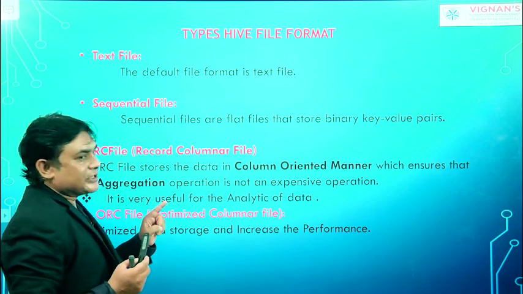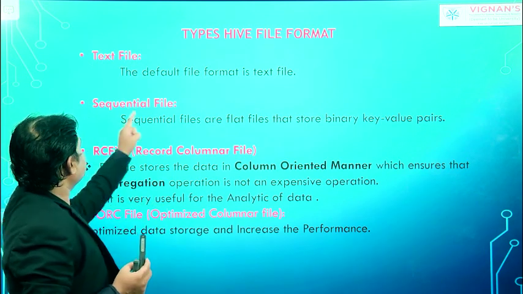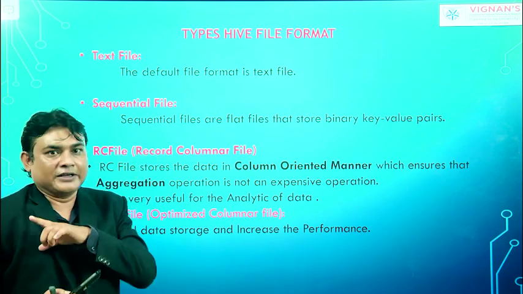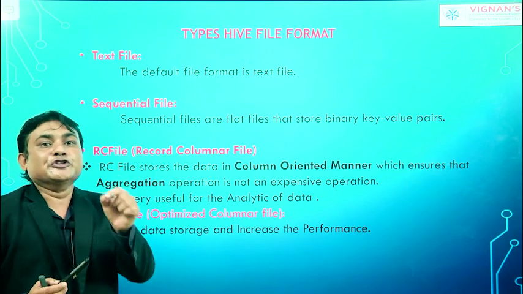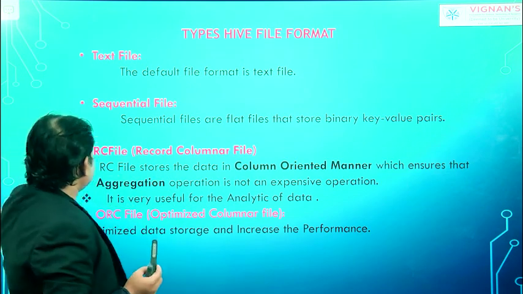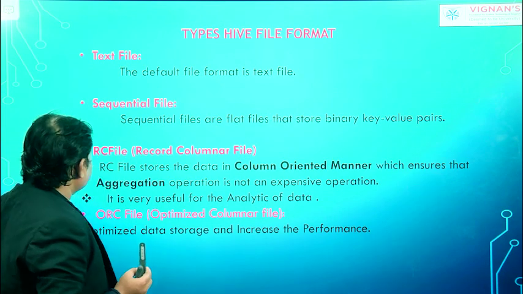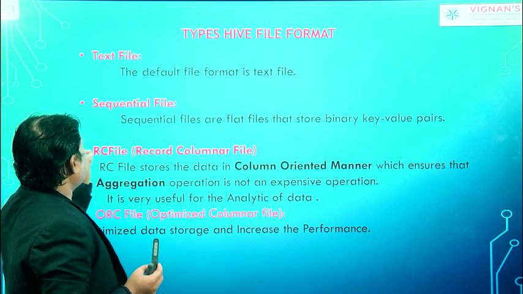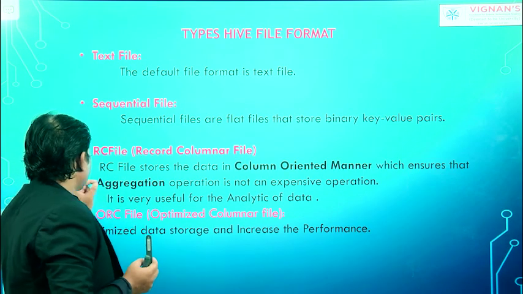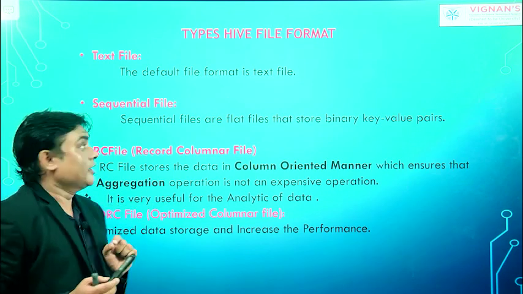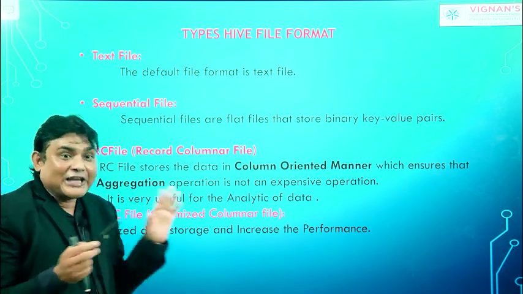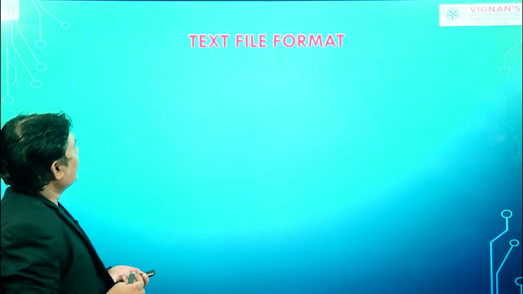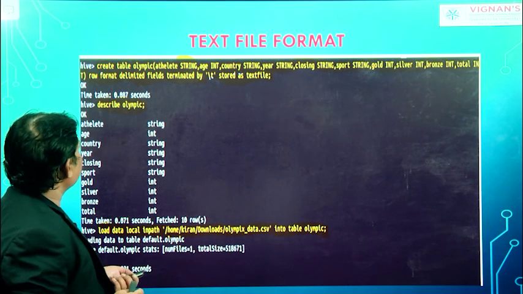But if you want to store your data as a sequential file, you need to specify 'store as sequential file'. Similarly for RC file or ORC file, it must be specified. If you do not specify any format, you will definitely get the text file format.